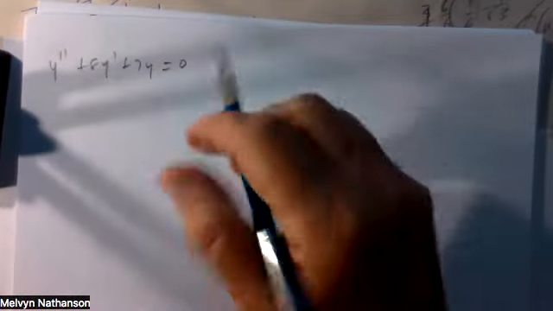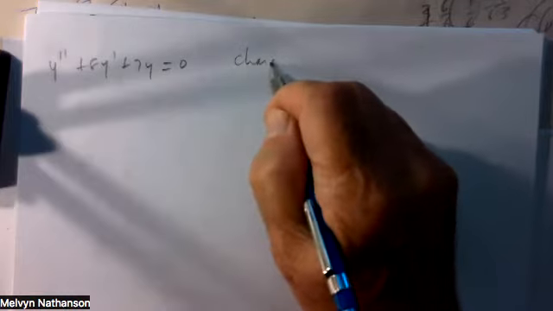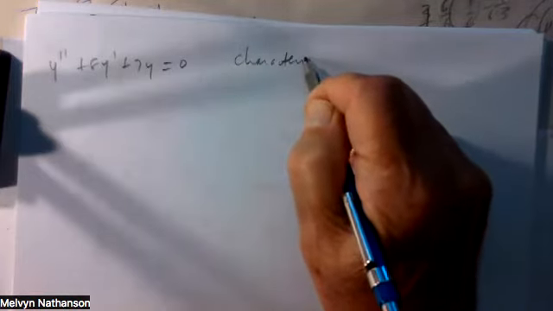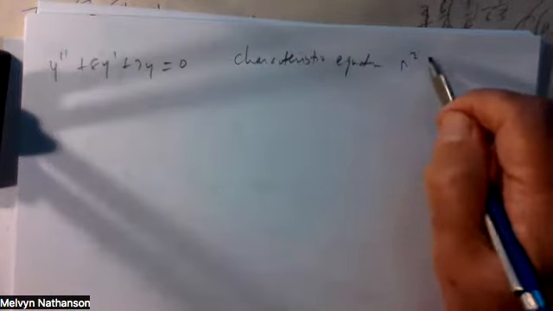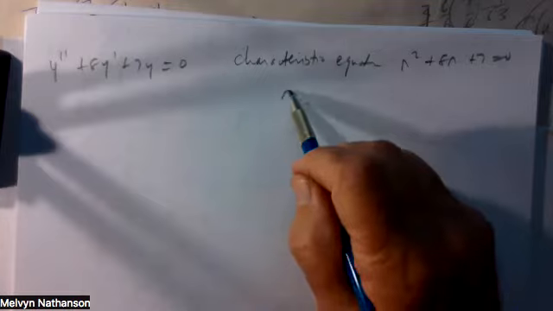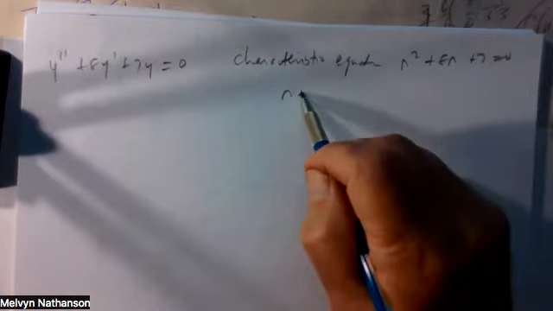So let's see, the characteristic equation is the quadratic equation r squared plus 8r plus 7 equals 0. This factors into r plus 1, r plus 7 equals 0.